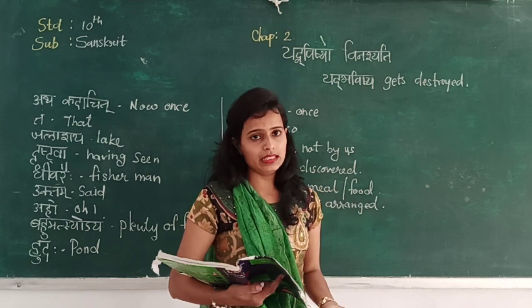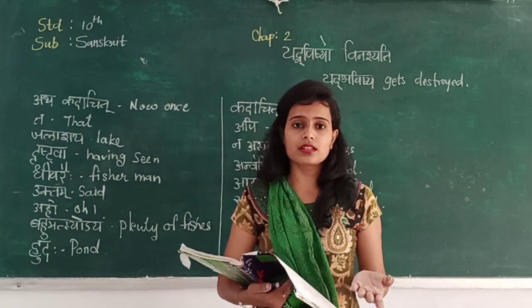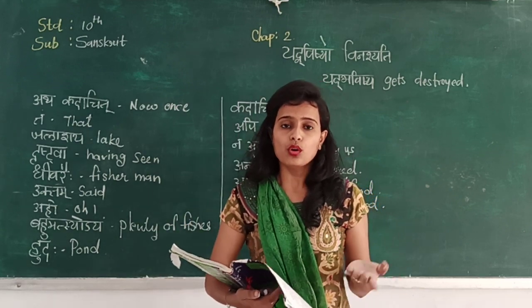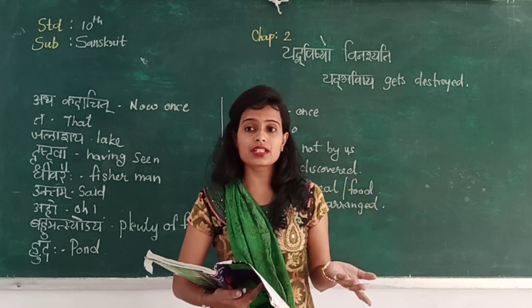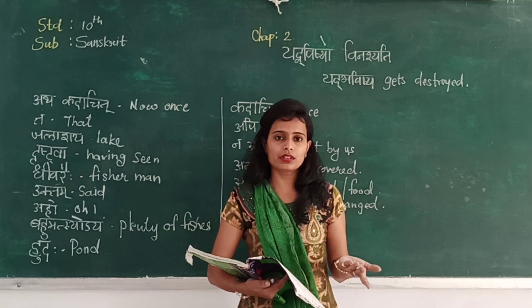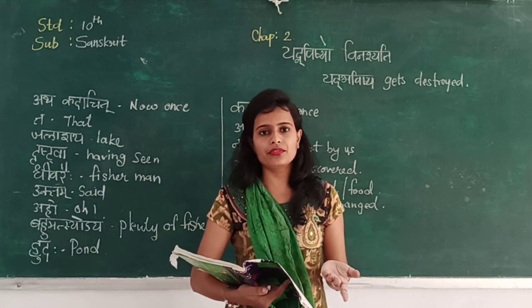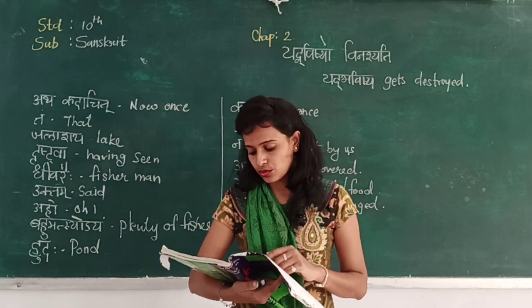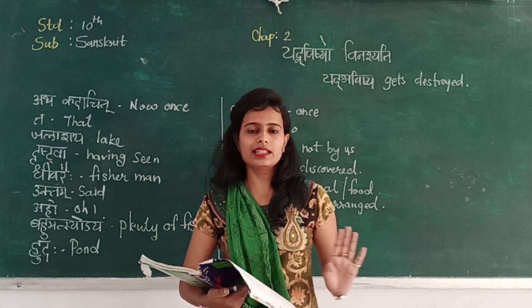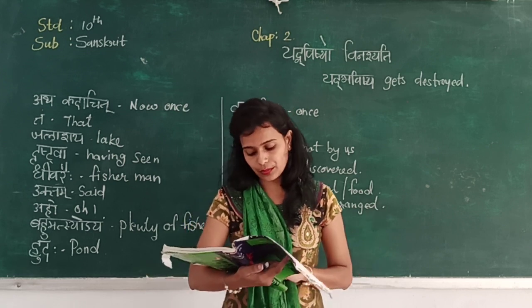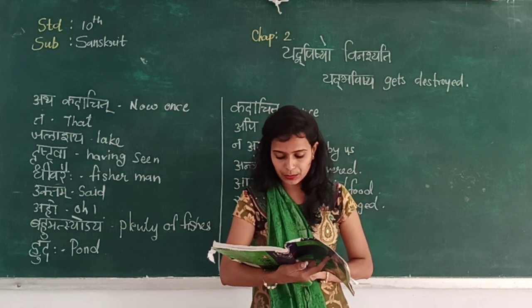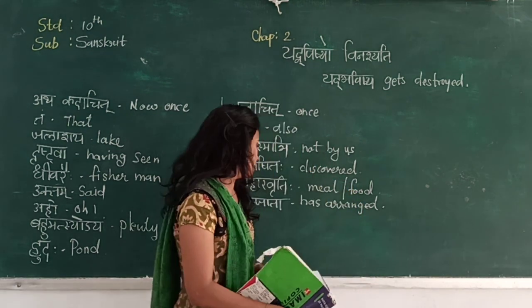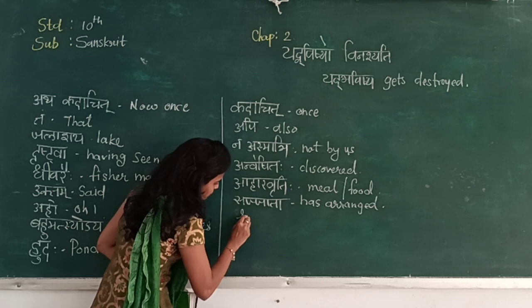So after seeing that lake, the two fishermen say, oh, plenty of fishes are here, we have discovered plenty of fishes. Before this, we have never seen this many fishes in a pond. So, for today, our meal is arranged. Svaha atragamya. Svaha means tomorrow.